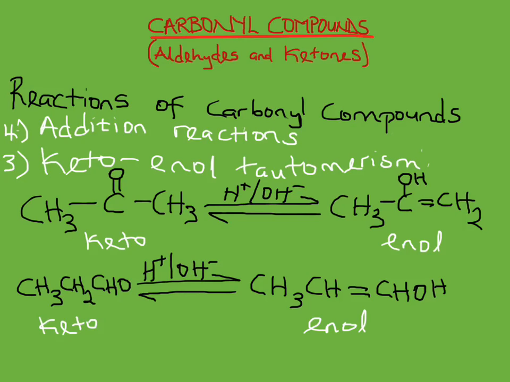As you can see there, you have propan-2-one, which is the keto isomer, undergoing the keto-enol tautomerism to give us enol. Enol has a hydroxy group attached on the second carbon atom.